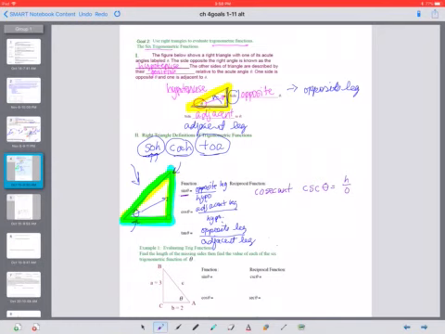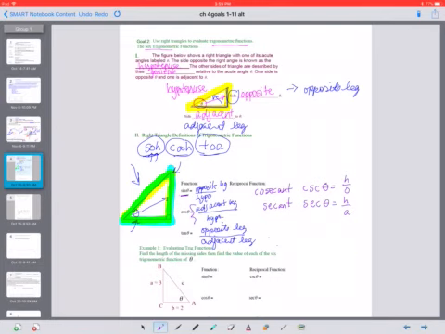The reciprocal of cosine is referred to as secant. Secant is abbreviated SEC. The secant of angle theta is the reciprocal of the cosine, so the reciprocal of adjacent over hypotenuse is hypotenuse divided by adjacent.